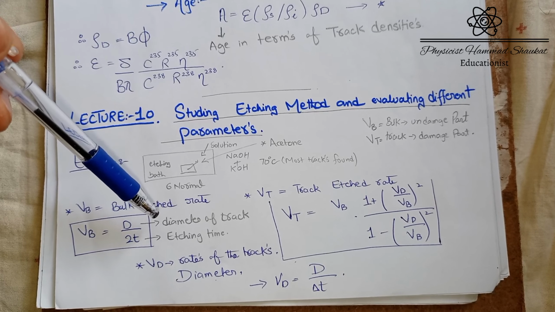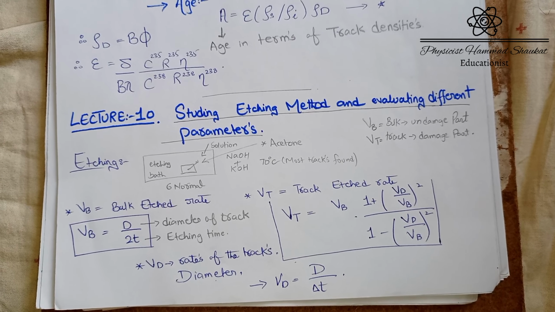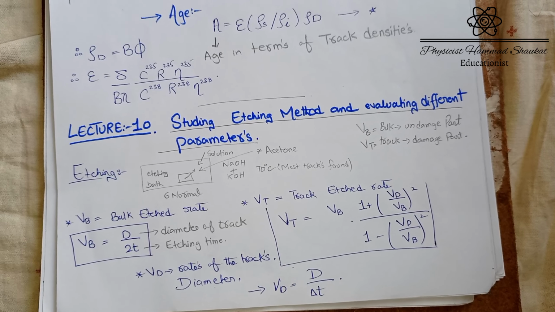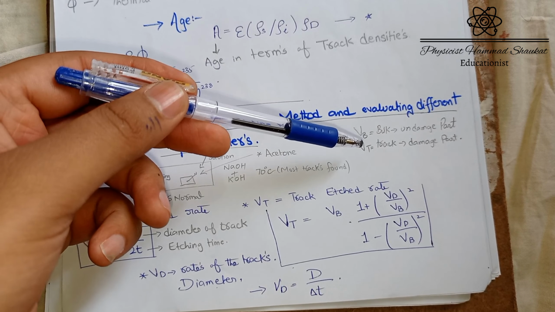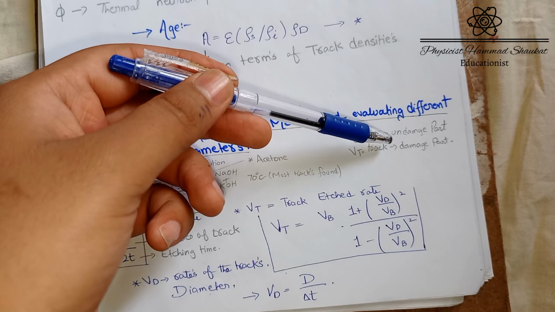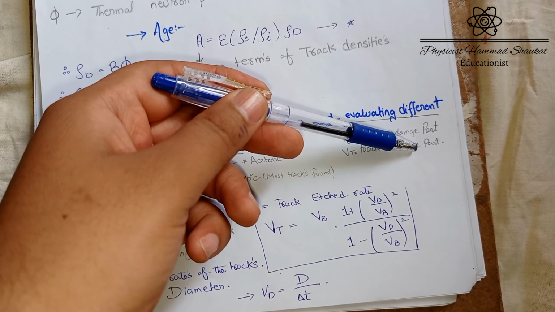Now let's move towards the track etch rate, the etch rate along the latent track. As you know, the latent track rate is denoted by Vt, and it's basically the damaged part.